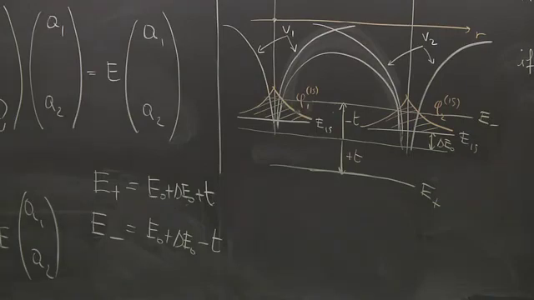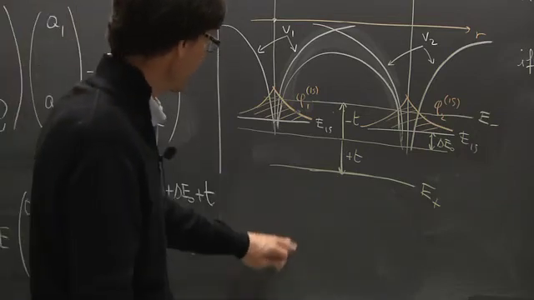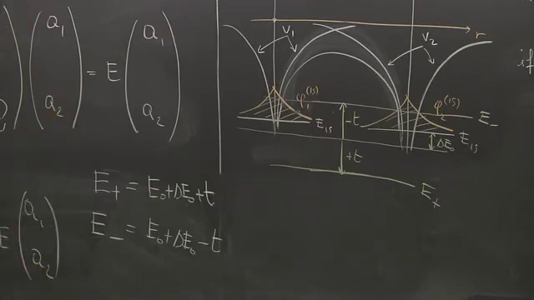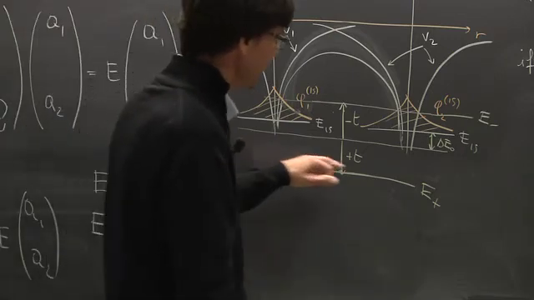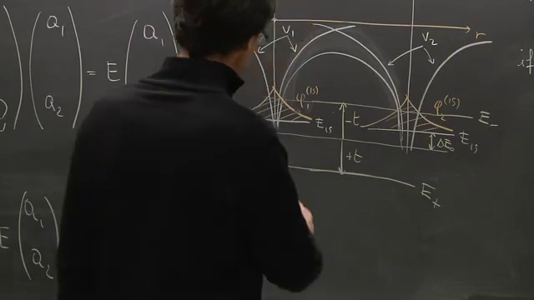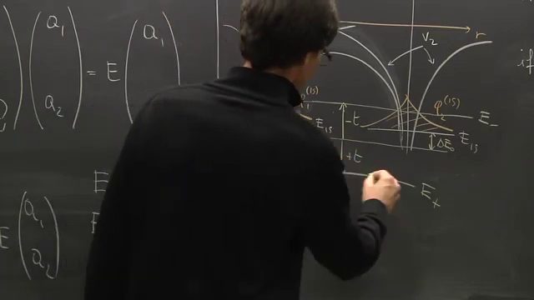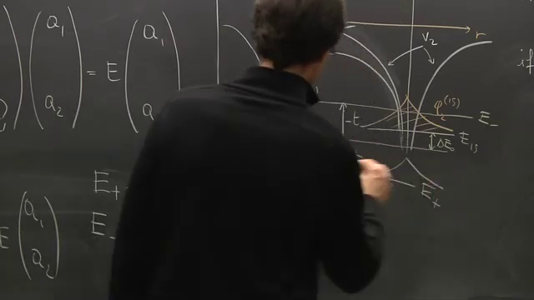Oh, sorry, I removed the wave functions, but I'm sure you remember that E plus was phi 1 plus phi 2, and E minus was phi 1 minus phi 2, right? So if I now have to draw the wave functions on top of these energy levels, I'm going to get something like this. This plus this.